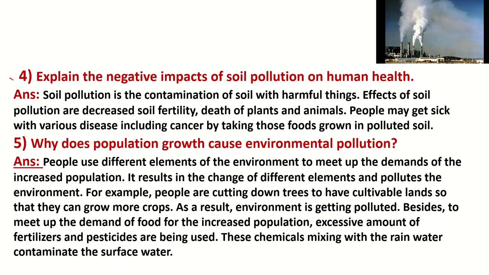Here is number 4. Explain the negative impacts of soil pollution. What do you mean by soil pollution? Soil pollution is the contamination of soil with harmful things. Contamination means the process of making dirty.